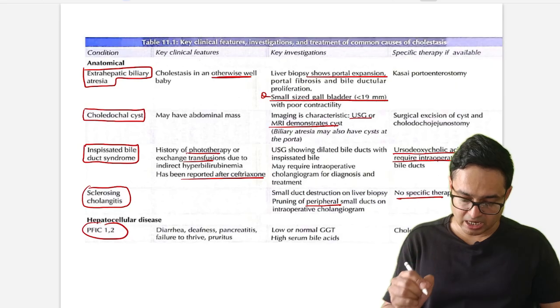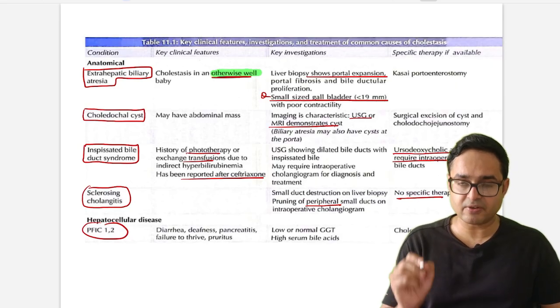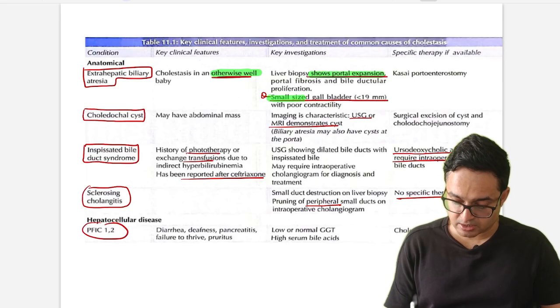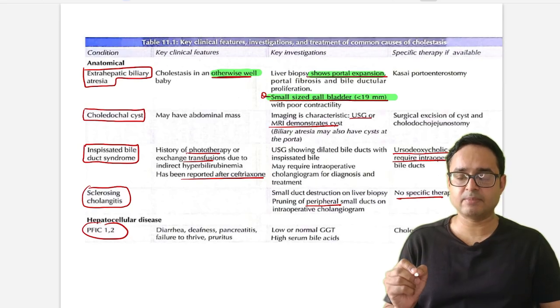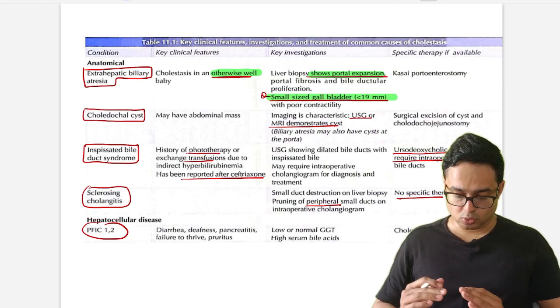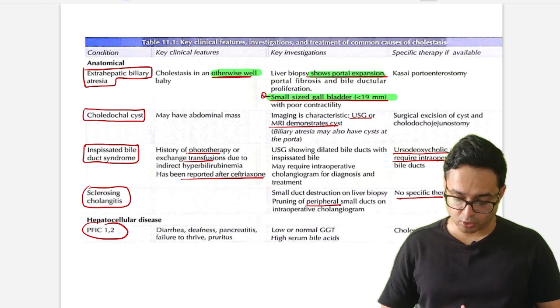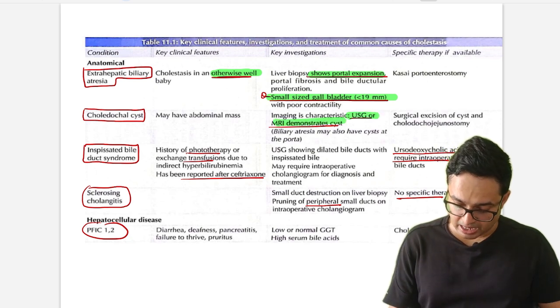Okay, extrahepatic biliary atresia. The infant is otherwise well, very much important. Liver shows portal expansion. Small size gallbladder is seen, less than 19 millimeter. So these are the keywords which are important for diagnosis. Choledochal cyst: USG or MRI suggestive of cyst.